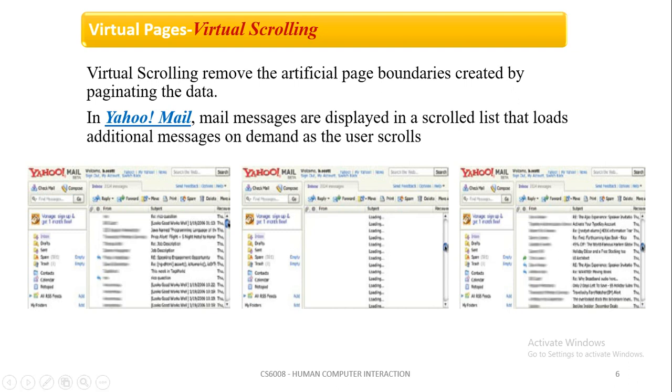You can see this in these 3 pictures, and this is the list of messages that is displayed as a scroll list. And here in the second picture you can see that on demand the messages are being loaded, and the message lines are being now replaced with the text loading, which indicates that the messages are under loading status.